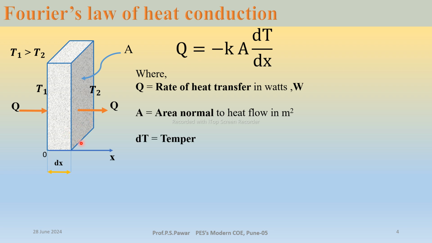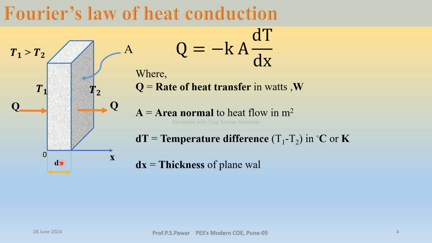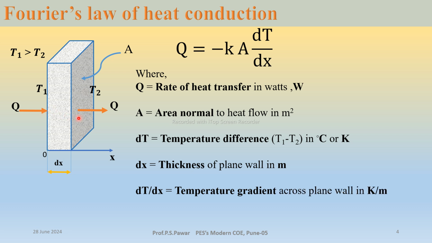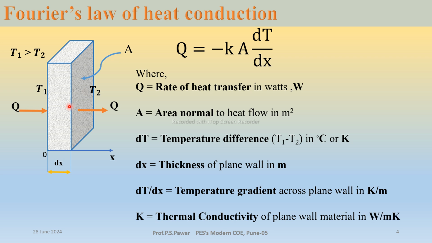Then dT is the temperature difference across the plane wall, T1 minus T2, in degree centigrade or Kelvin. dx is the thickness of the plane wall in meters. dT by dx is the temperature gradient across the plane wall in Kelvin per meter. And K is the thermal conductivity of the material of the plane wall, whose unit is watt per meter degree centigrade or watt per meter Kelvin. It is one and the same.